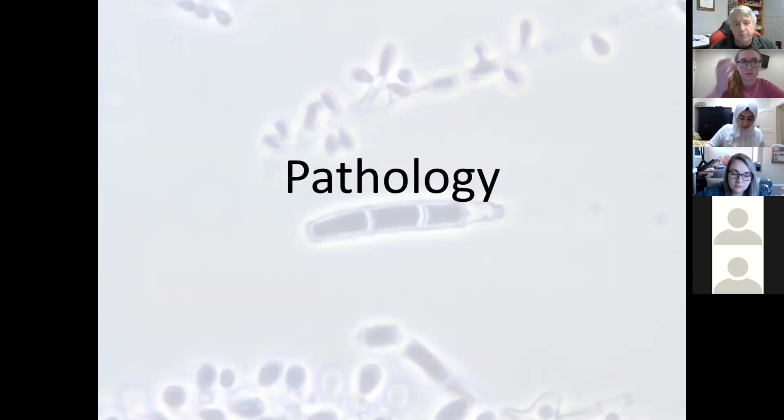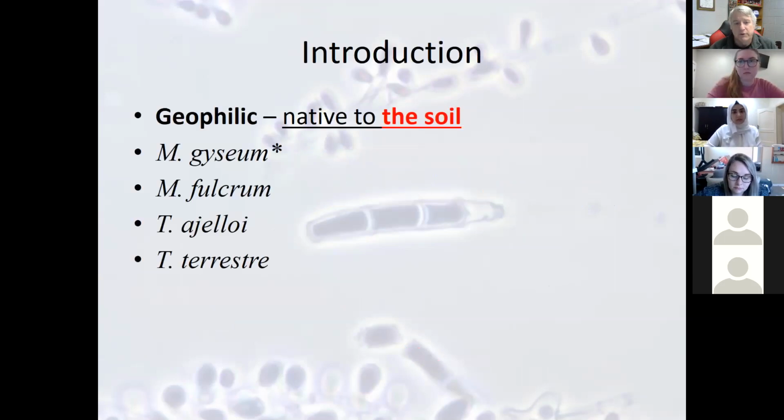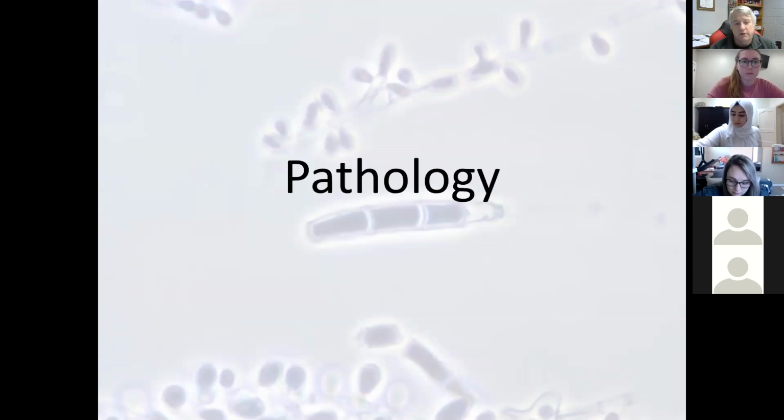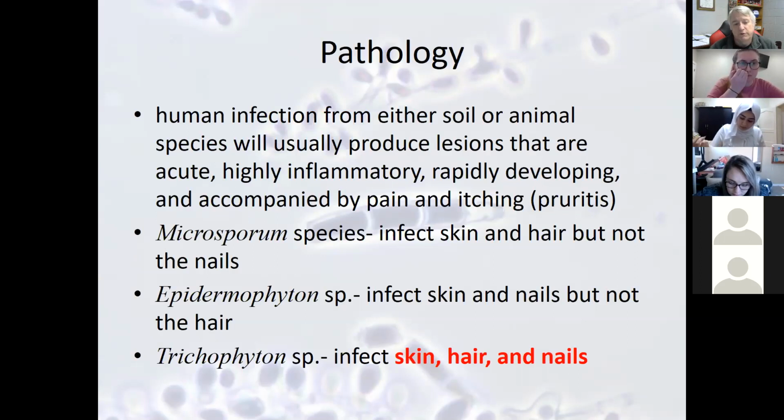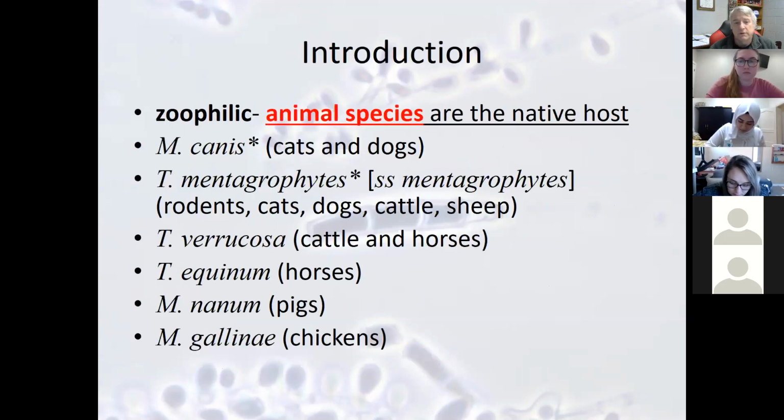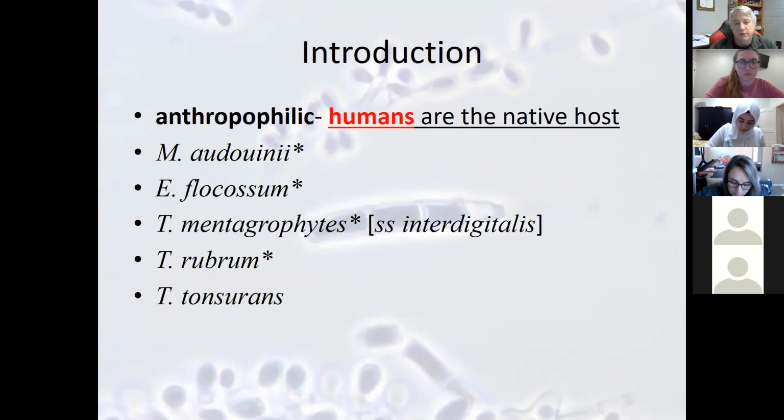And you see there's a mix, right? So in the soil, there's micro, right? And there's tricho. In the animal, there's myco and tricho. But there's only one E, right?